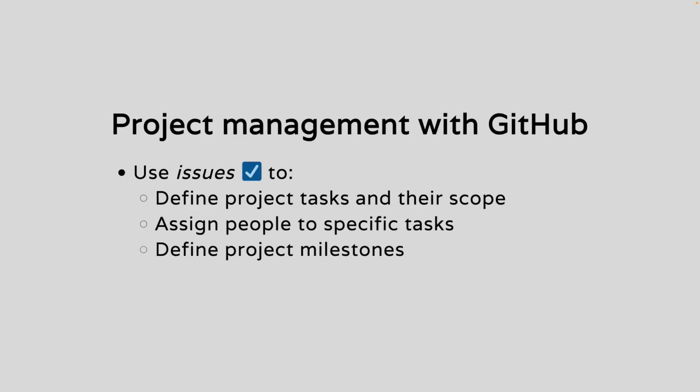You can also define project milestones. Sometimes for a new toolbox or a new project I start, I'll say, okay, what's the minimum viable product that gets me from not having something to something I could share, even if it's not the full vision and doesn't implement all the possible things I could do? Like draft one of the paper, what do I need to get there? So I usually set that as a project milestone.